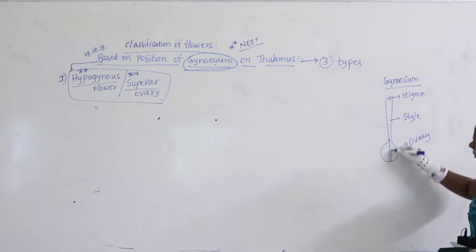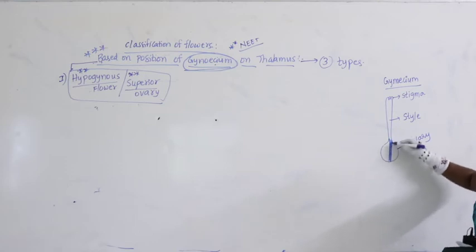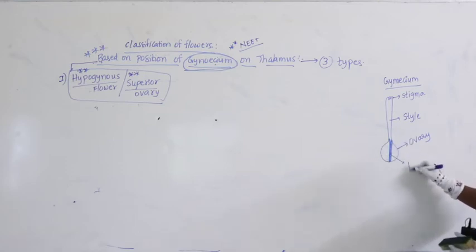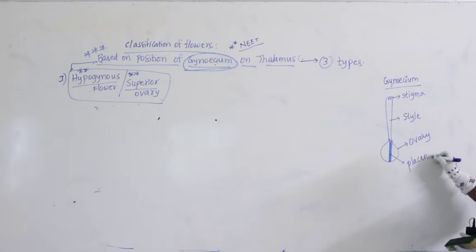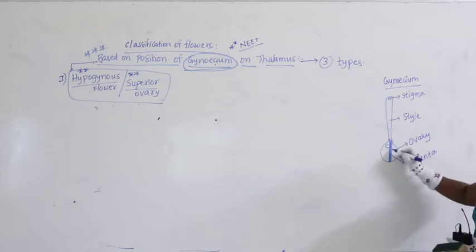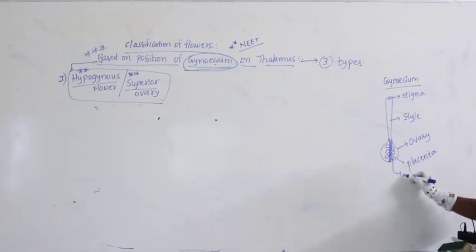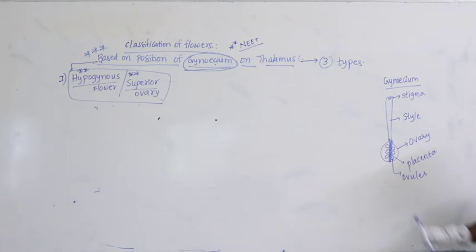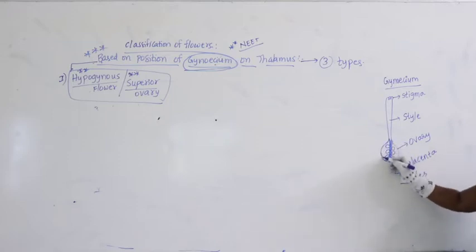So, you already know, we will discuss again gynoecium in continuation of the flower. At the base, the center is called placenta. On either side of placenta we find what are called ovules, right. What you find in the center, this is called placenta. On either side of placenta what you find? Ovules. What do you call this basal part? Ovary.